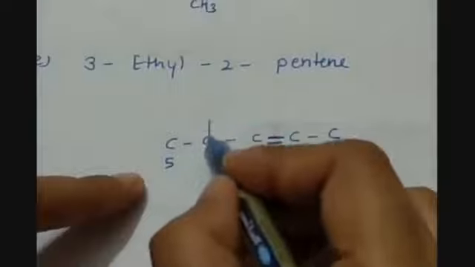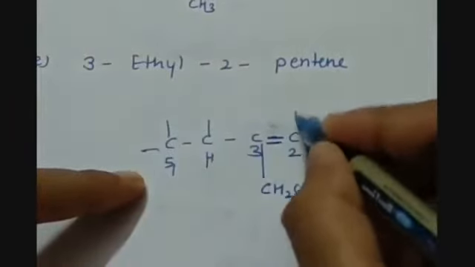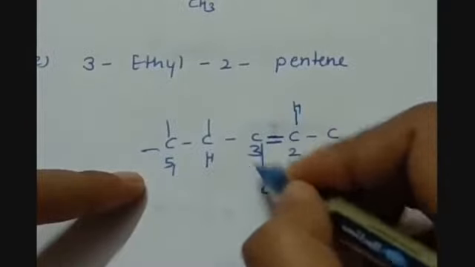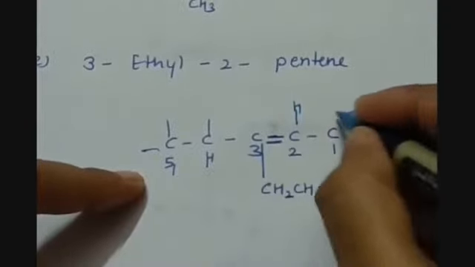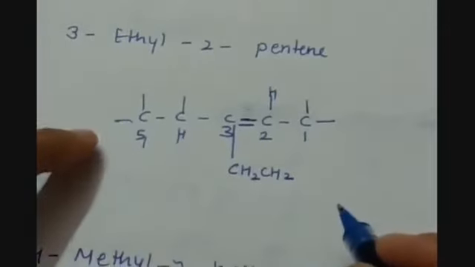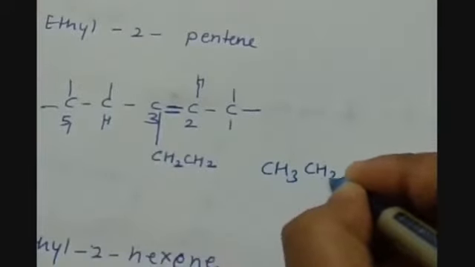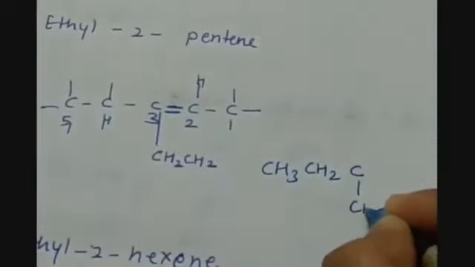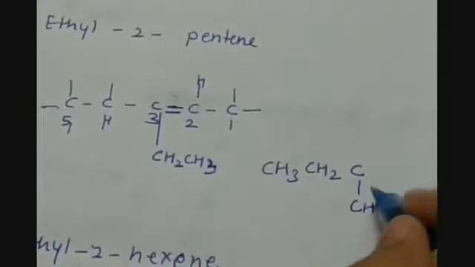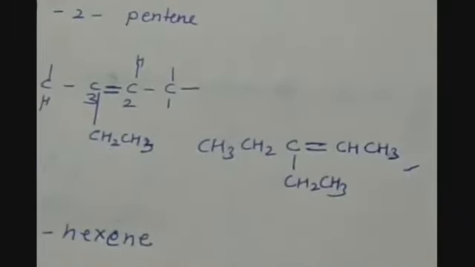Then here we will have CH2, CH3, and here its valency is complete, and here we will have CH3. So we will have the structure CH3, CH2, C, CH2, CH3, double bond CH, CH3. So this will be the structure of this.